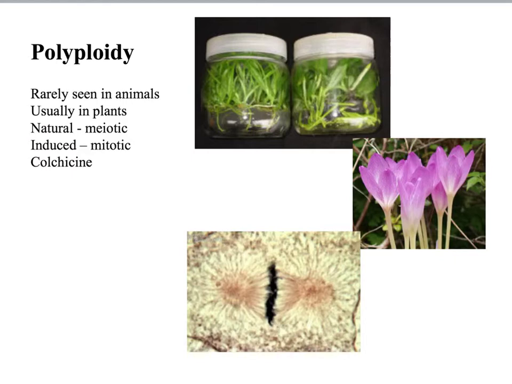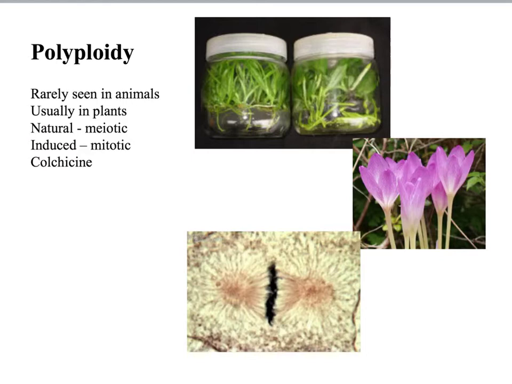There are 2 ways in which polyploidy can happen. Naturally, it can happen during meiosis, when the chromatids are being pulled apart during anaphase 2. They all end up going into one cell and none in the other. This means that you end up with essentially the diploid number of chromatids in one gamete and none in the other.